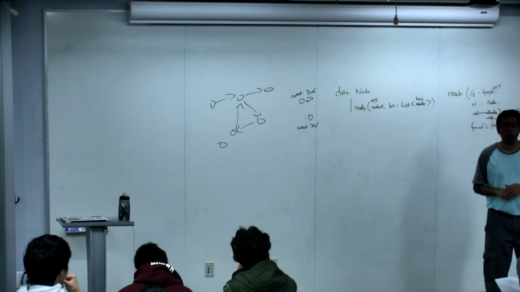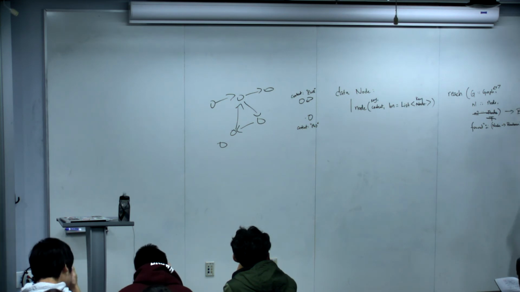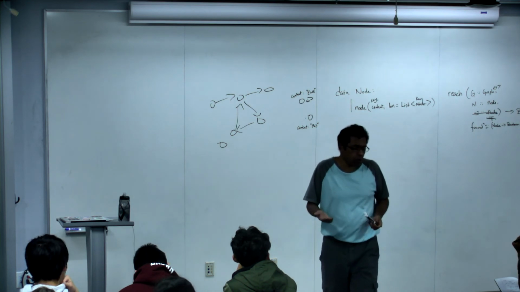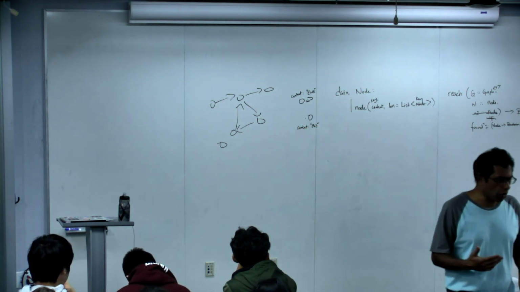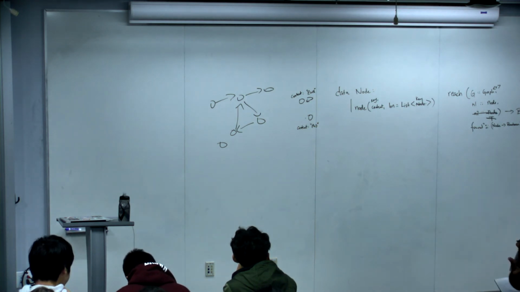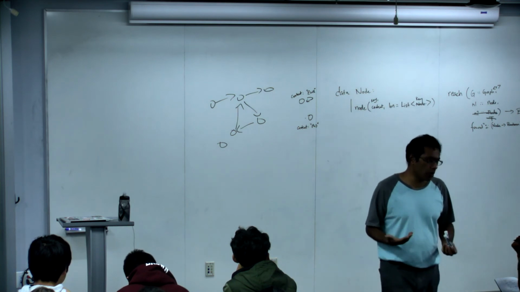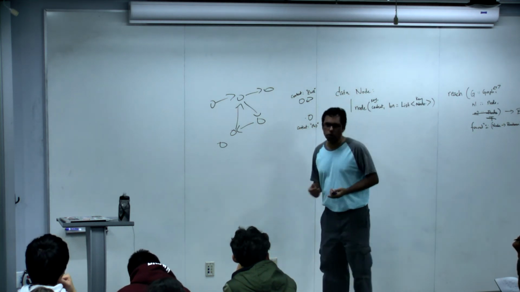Good. Now, I want to talk about something really important about graphs. As you know, in this course we care about the big O complexity, the time complexity specifically, of our computations. So I want to talk for a moment about what it means to be big O of a graph algorithm. Okay? So let's take our simplest graph algorithm, which is reachability.